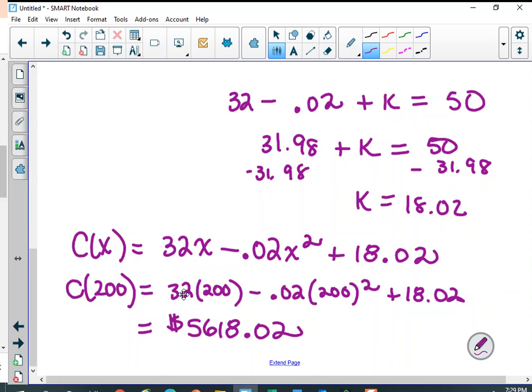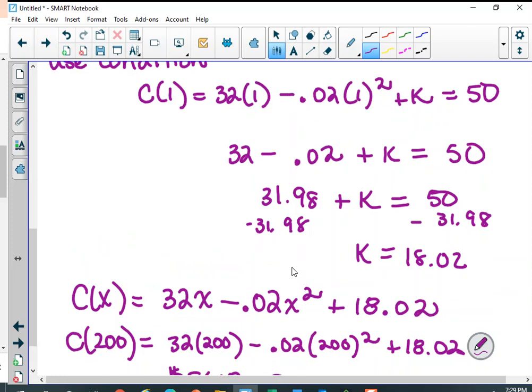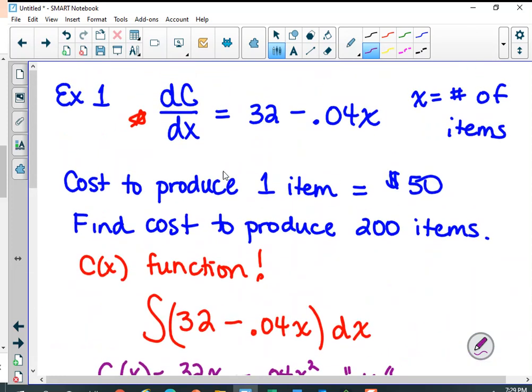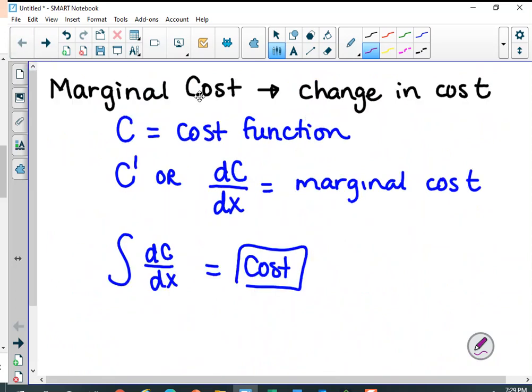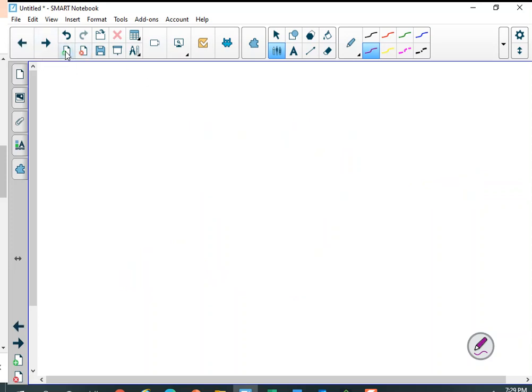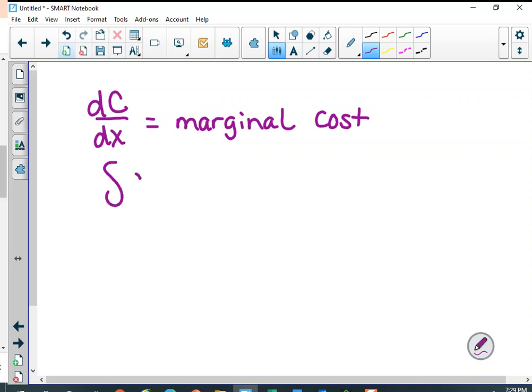The process would be the same regardless of whether this was marginal cost, marginal revenue, or marginal profit. They all work the same way. If we are looking at dC/dx, that would be marginal cost, like we just talked about, and taking the antiderivative of that with respect to x, it would be the cost function.